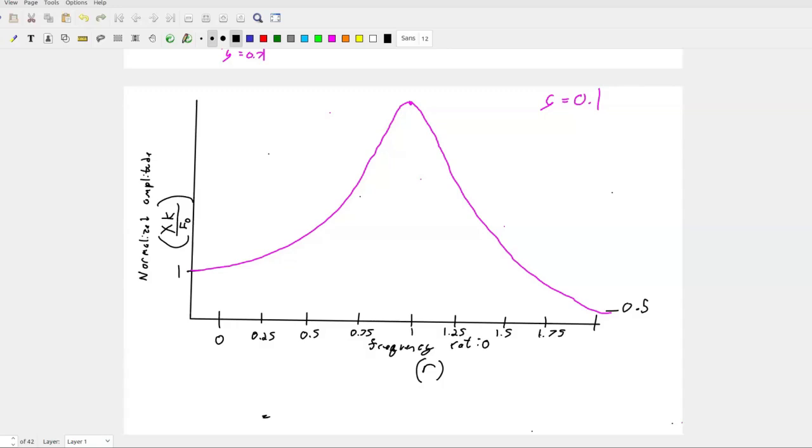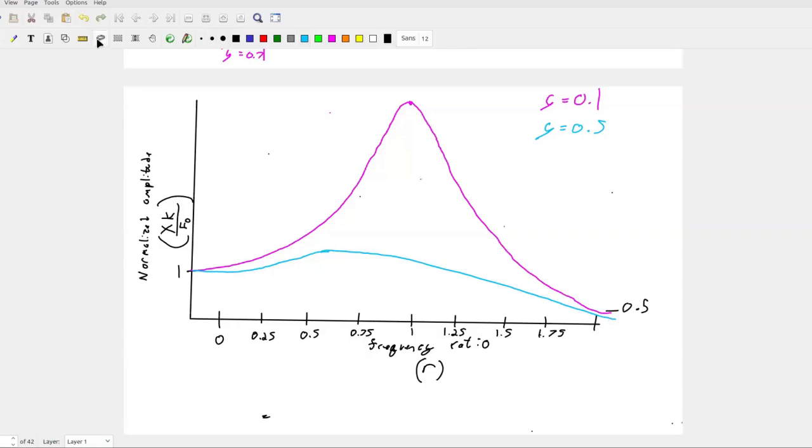So if I add more damping to my system, let's go blue, and let's go zeta equal to 0.5. So I'm a pretty damped case. I'm actually going to have something that looks like something like that, right?